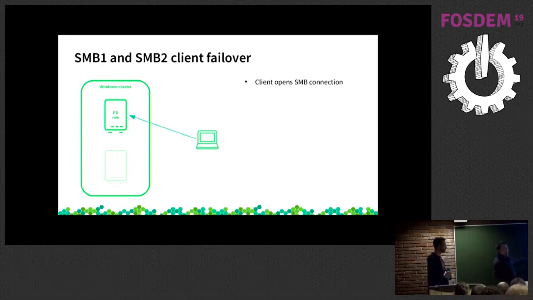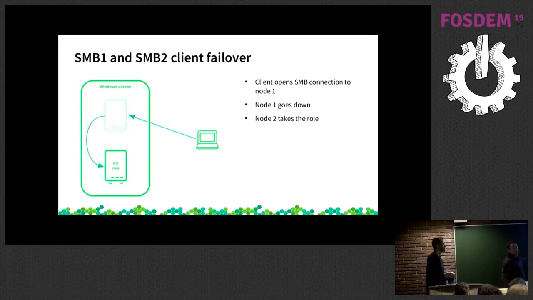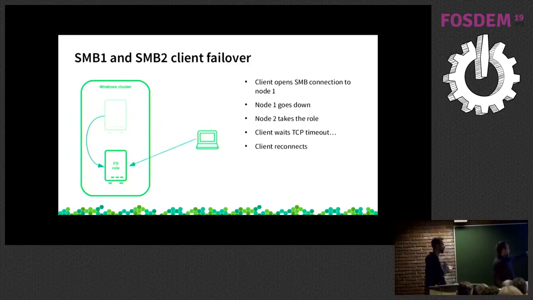So the client opens the SMB connection to this node, and if the node goes down, the cluster moves the role to another server, but the client has to wait for the TCP timeout to reconnect. After the TCP timeout, the client reconnects. So the protocol does not define any failover mechanism at all in SMB1 and SMB2.